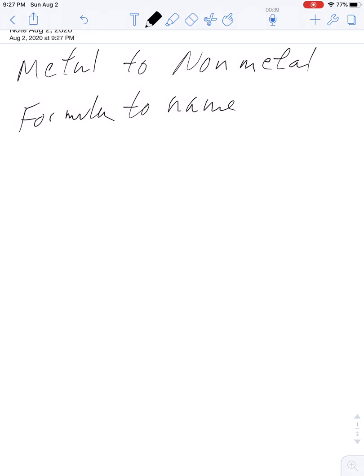So suppose we've got this compound. The first thing you do is name the metal. So in this case, it's potassium. K is potassium.